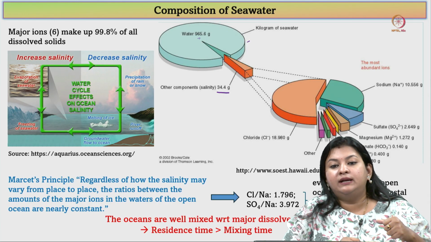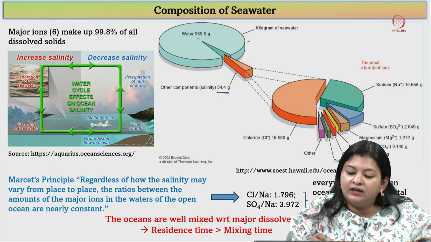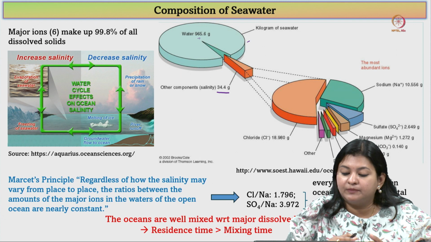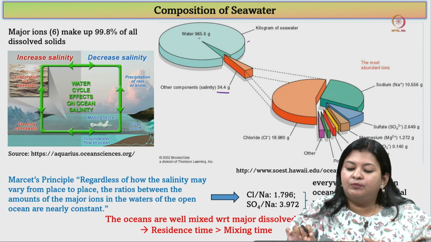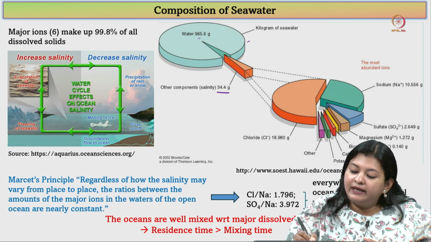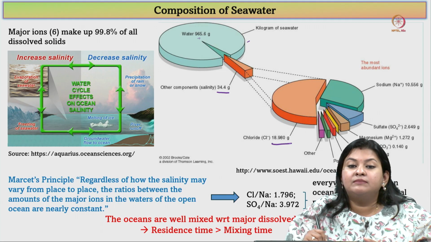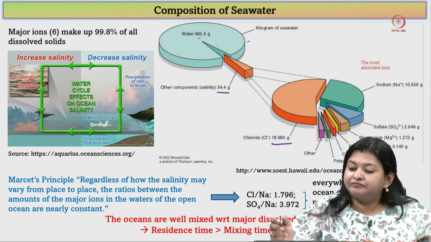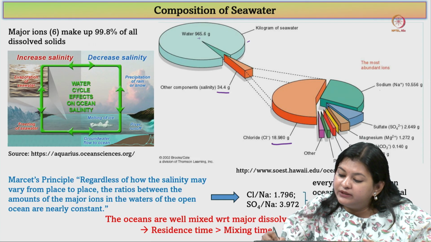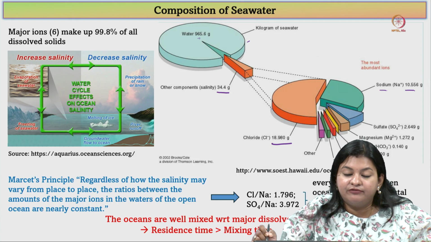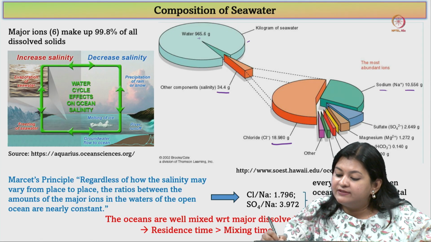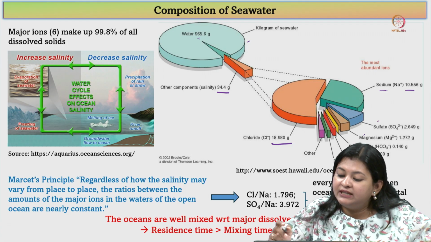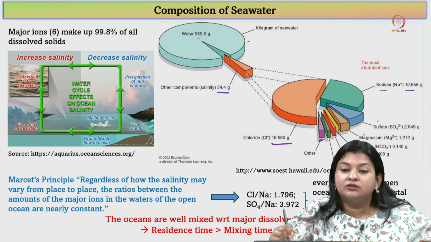So, in 1 kg you have 34.4 grams of salt. In that 34.4 grams of salt, 18.98 grams is just chloride, only chloride. Then we have sodium, which is around 10.556 grams. Then we have sulphate, magnesium, bicarbonate, calcium, potassium, and everything else is just this much.